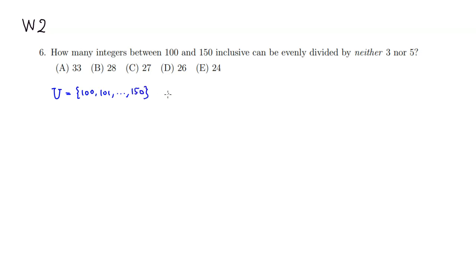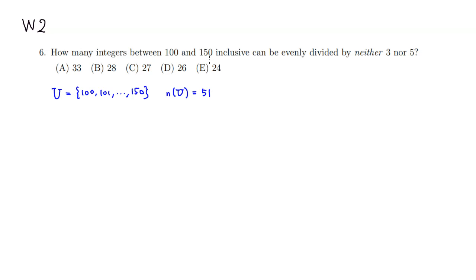So we know that the number of elements in this set would be how many? It's tempting to say 150 minus 100, so it's 50. But you actually forget to count 100 that way. So there are actually 51 numbers in there, right?